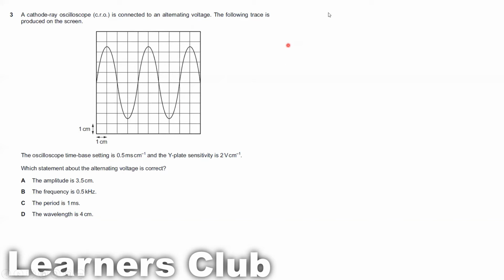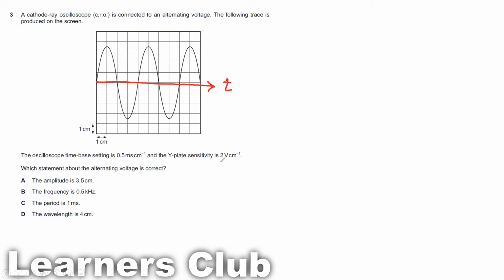So you can clearly see here the x-axis, 1 centimeter corresponds to 0.5 milliseconds. So horizontally it talks about time.